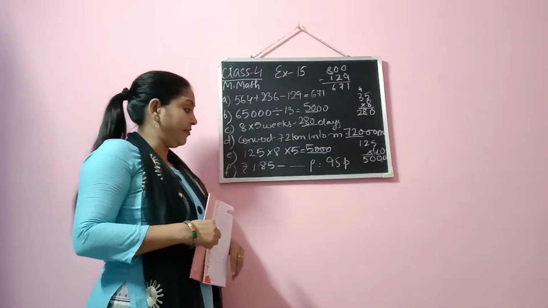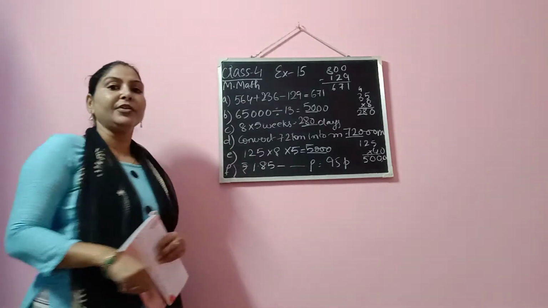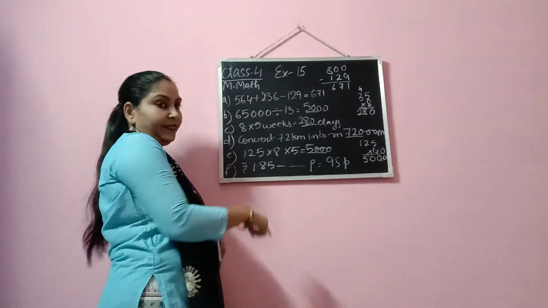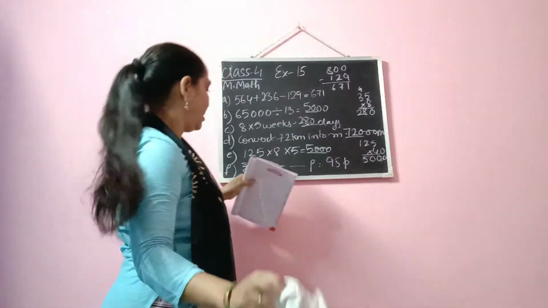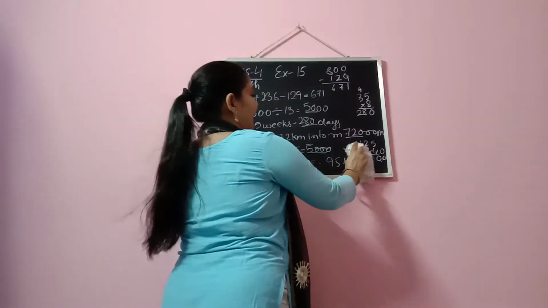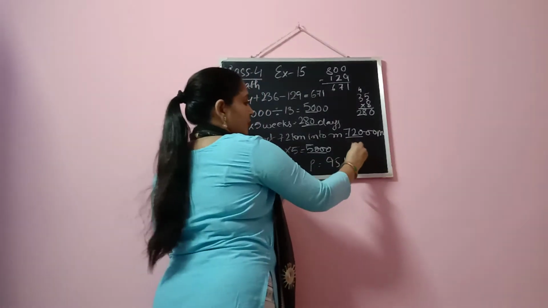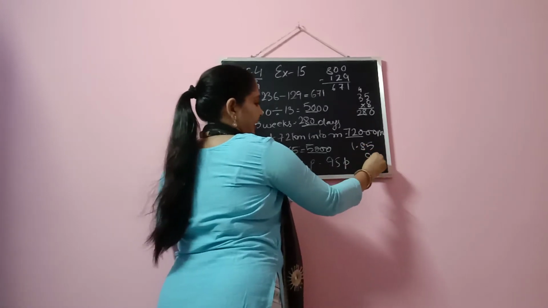Rupees 1.85 minus how much paise is equal to 95. So what we are going to do is, this is 95 paise and here it is 185. We will subtract these two. When we subtract 95 paise from 1 rupee 85 paise, then we get the answer. So let us do this. 185 minus 95 paise.